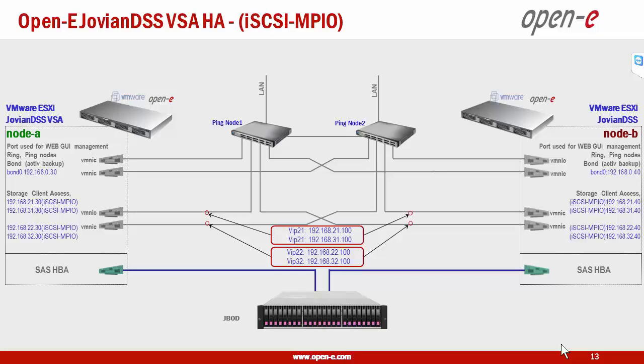Here I show a single JBOD, but of course it will work identically or very similarly with the dual JBOD. And here we have the virtual storage adapters on the left and right side. There are no more physical adapters, because these virtual storage adapters are available from VMware, and we will show how to configure our virtual IP addresses and how to set up everything so that it looks like here.